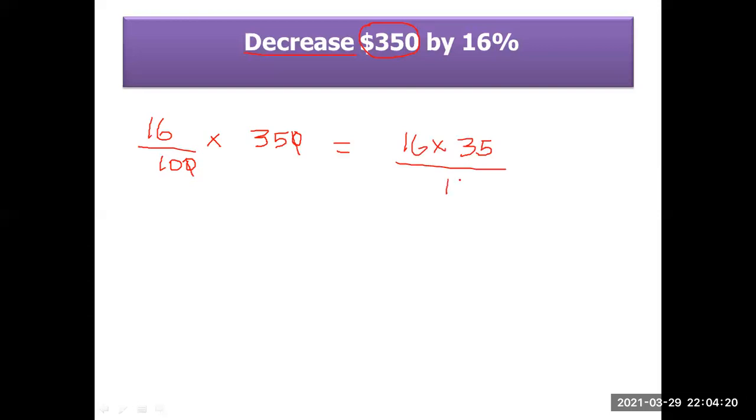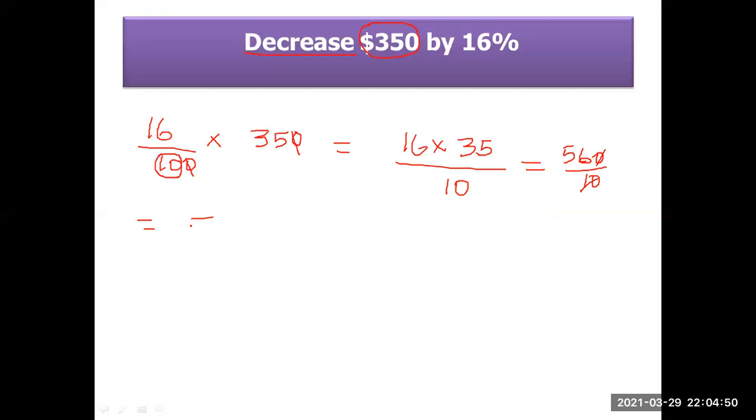So after we multiply the numerators, the top numbers, we're going to divide through by 10 because we still have a remaining 10 here. I hope that you're seeing the remaining 10 here, all right? So 16 times 35 gives us 560. 560 divided by 10, and that gives us 56.